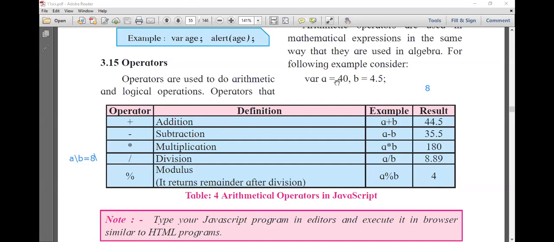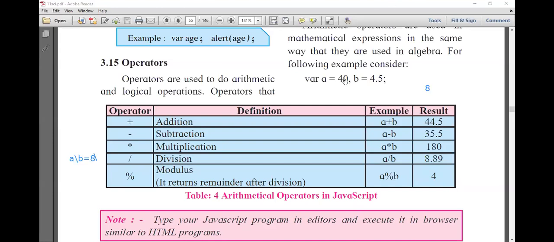Suppose a is equal to 40 and b is equal to 4. Then what value will you get here? What will be the result of a percentage b? Yes, tell me, write the right answer in the chat box.